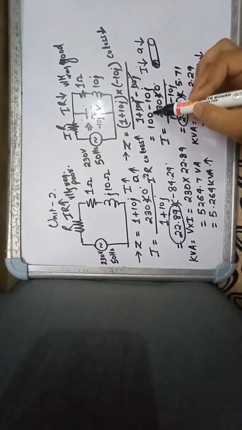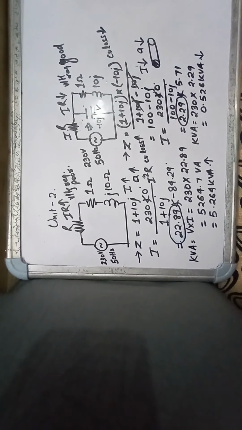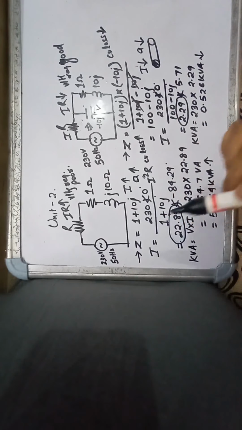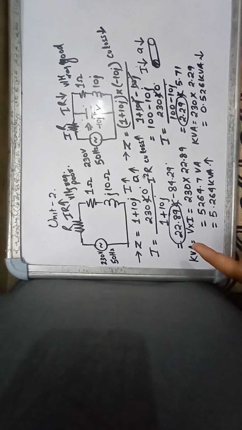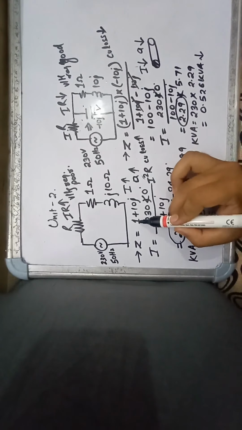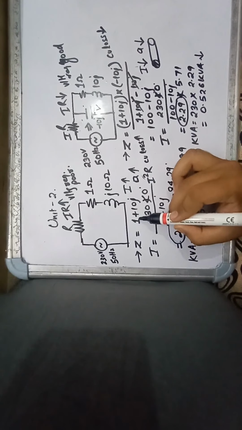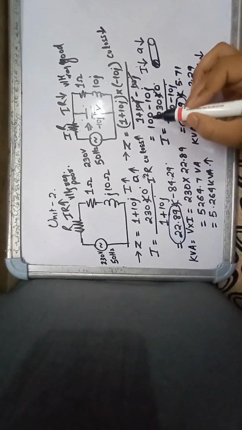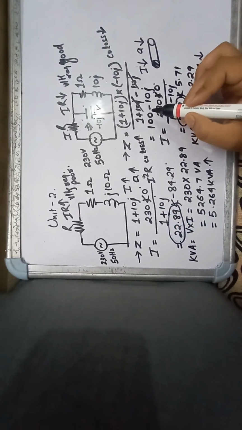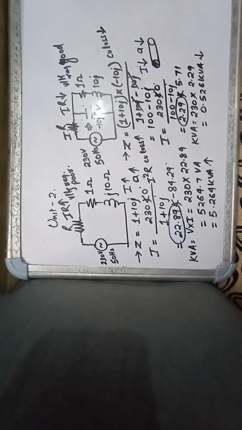It is 100 minus 10J, and the impedance was 1 plus 10J here. So look at the real and the imaginary part. Here you have less real part and more imaginary part, but here you have more real part and less imaginary part. So most of the power is invested in real power.